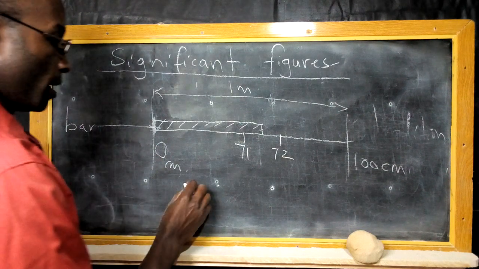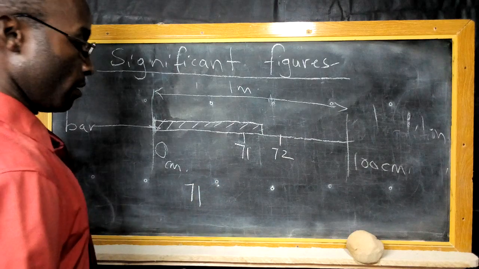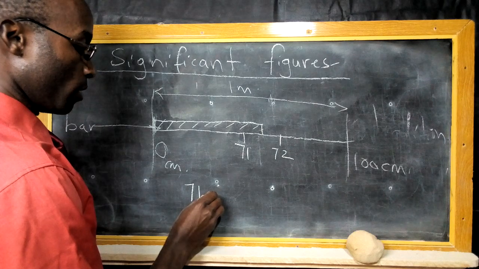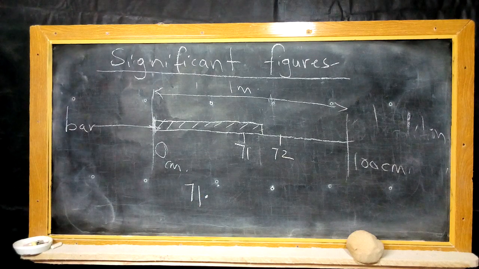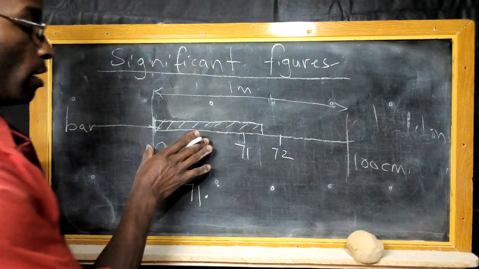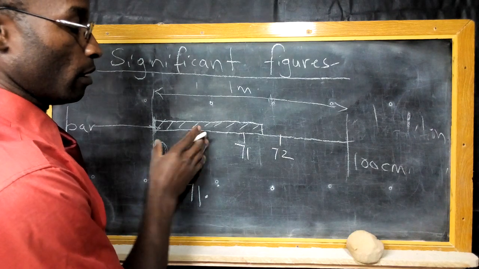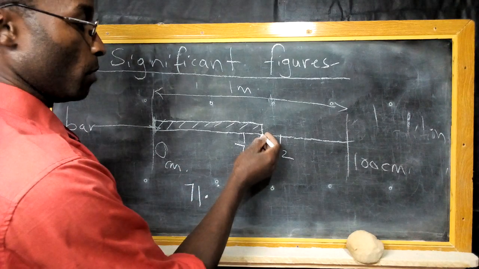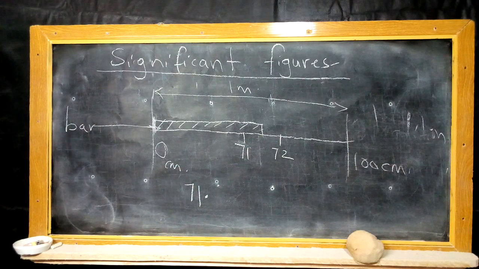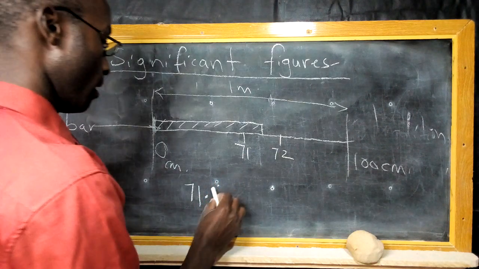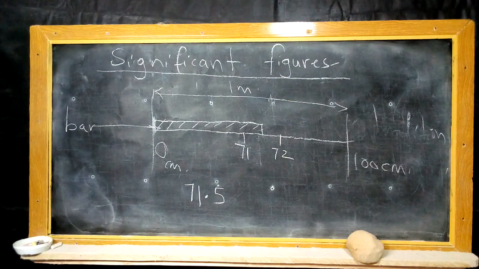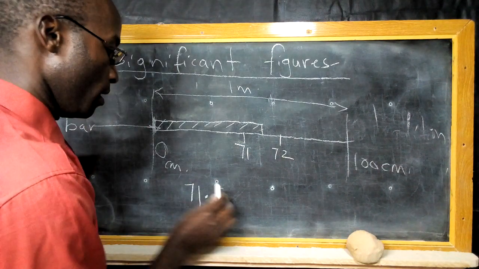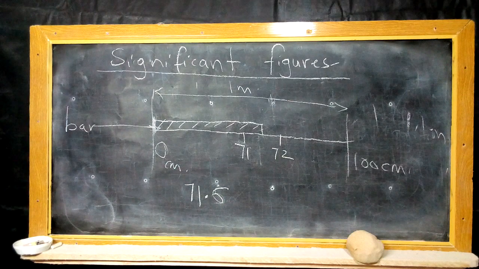So I can say that the measurement with certainty is 71 centimeters. But there is a decimal fraction which I'm not certain about, because of the accuracy or range of this instrument, it cannot indicate at what point this one terminates. So I'm going to guess around 0.6, so 71.6 centimeters.